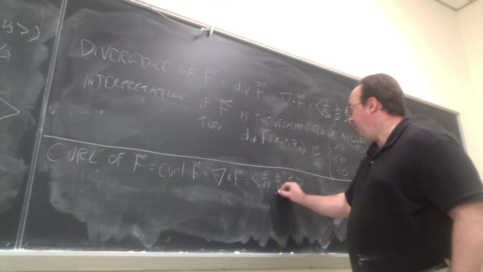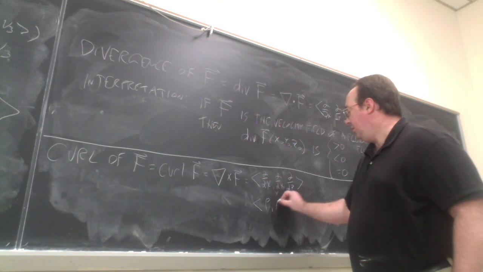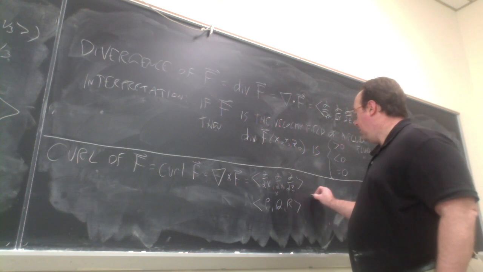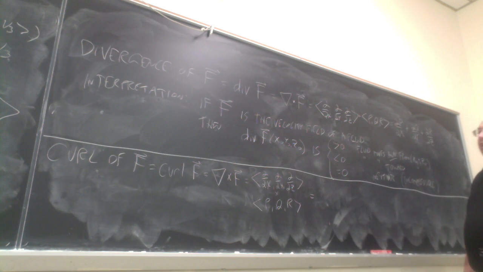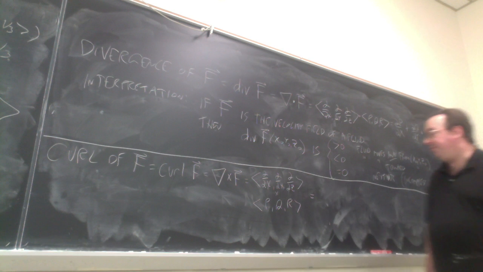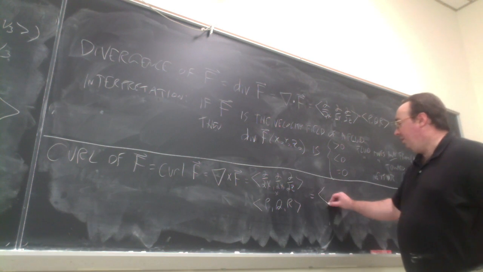I like to write one vector on top of the other. Or you can use a formula over there. You just have to keep in mind, like before, products of differentiation operators and functions are just partial derivatives of those functions.